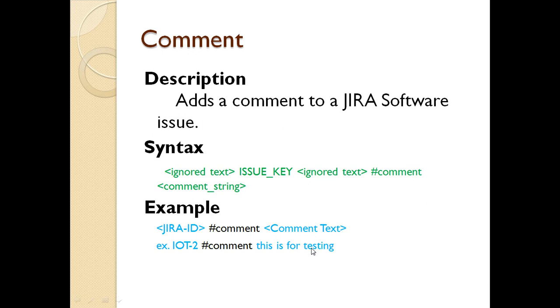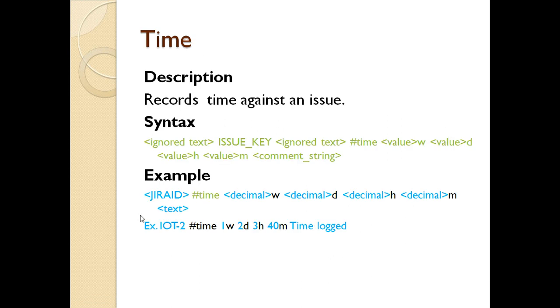This is for testing. This means when I do a check-in, this particular command text, this is for testing, will be added automatically as part of this particular JIRA issue.